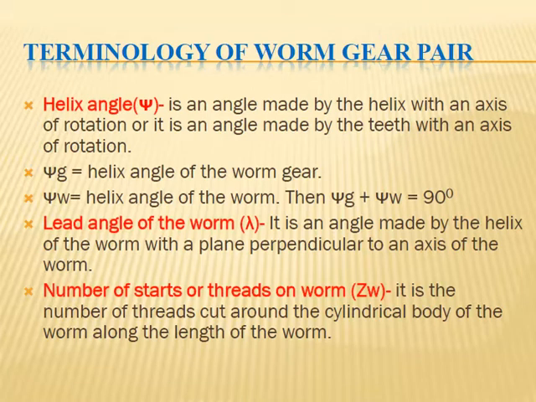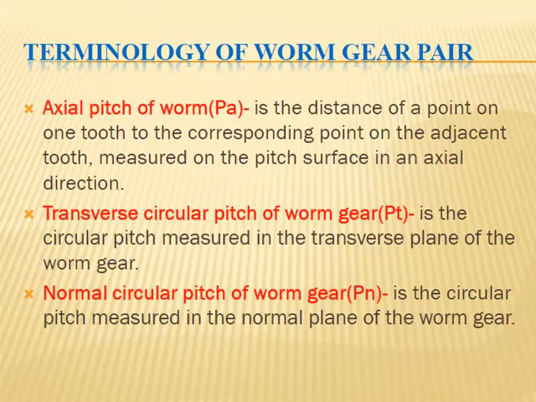And if it is a high reduction ratio, 30 and above, then the number of starts ZW should be equal to 1. Generally, the worm gear pair is designed for a huge reduction ratio of more than 30, so ZW is generally equal to 1.